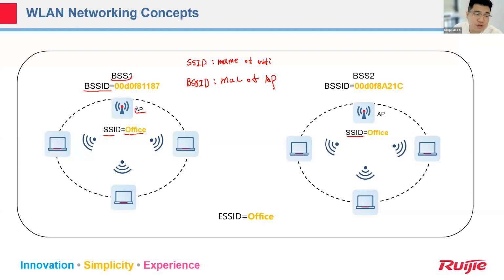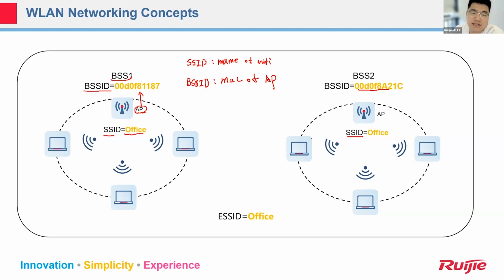Because we use the MAC address of AP1 as the BSSID of AP1, and the MAC of AP2 as the BSSID of AP2, we can distinguish them based on the BSSID, right? And since the MAC address is unique, we can uniquely identify them, okay?